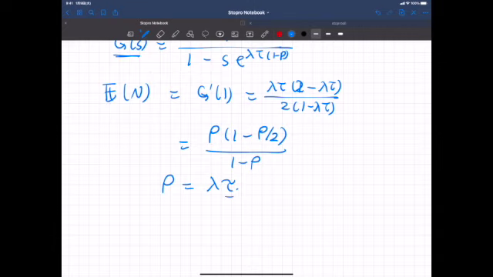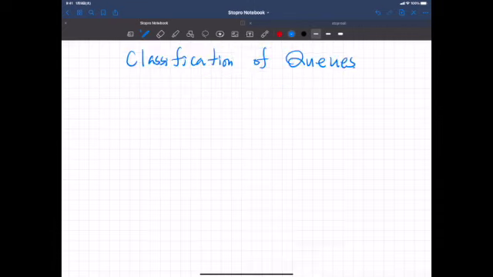Okay, so that's it. And finally, I'll explain the classification scheme of queues. Basically, there are 3 ingredients in the queue process. The first is the probability distribution of arrivals. What kind of probability distribution do we use for modeling arrivals?